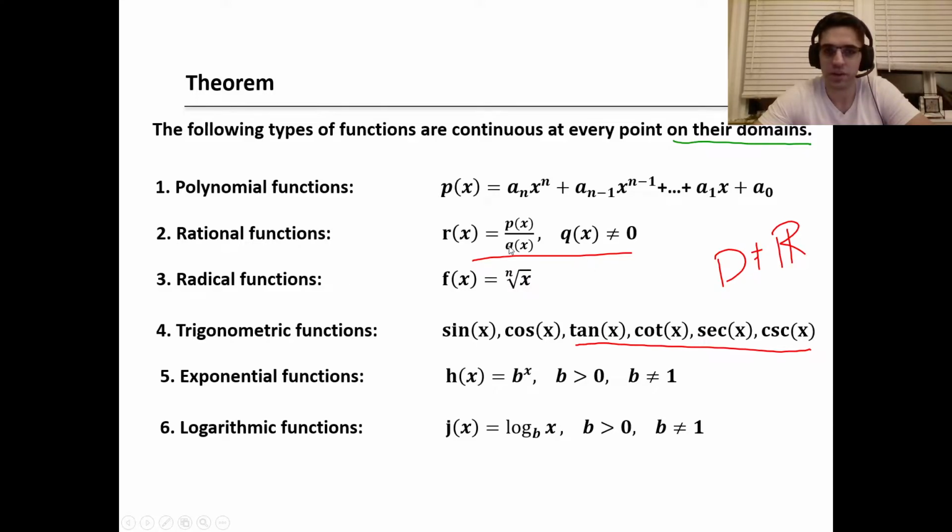For a rational function, p of x over q of x, the denominator can't equal 0. And when you're working with trig functions, tangent, cotangent, secant, and cosecant, those can all be written as a fraction that involves sine or cosine in the denominator. So depending on the fraction, sine or cosine can't equal 0. These aren't all the function types. They're just probably the 6 most common ones that you'll see.